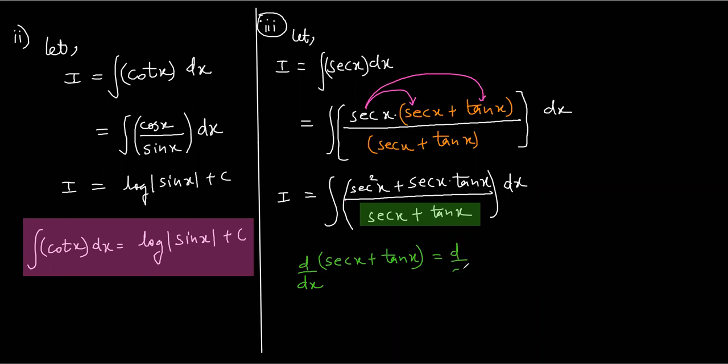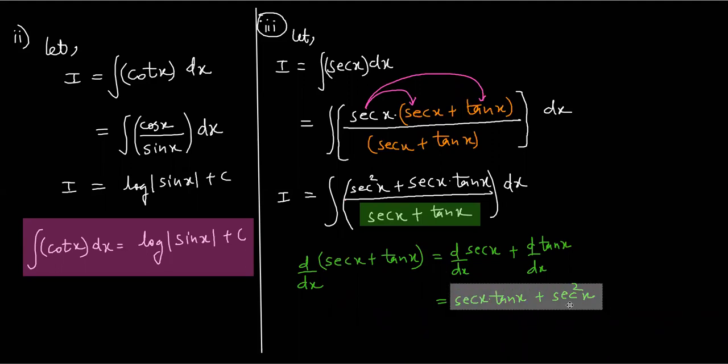It will be d by dx of sec x plus d by dx of tan x. So d by dx of sec x is sec x tan x, and d by dx of tan x is sec square x. So you notice that d by dx of sec x plus tan x is sec x tan x plus sec square x.